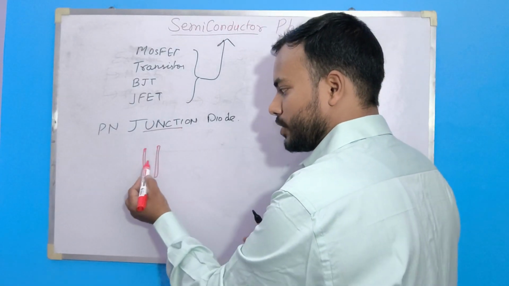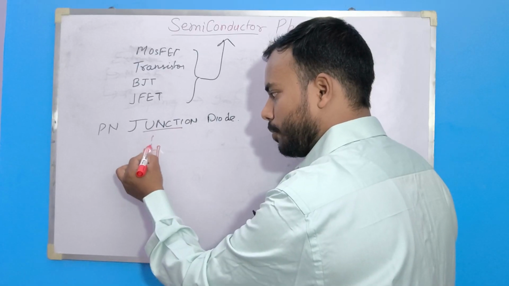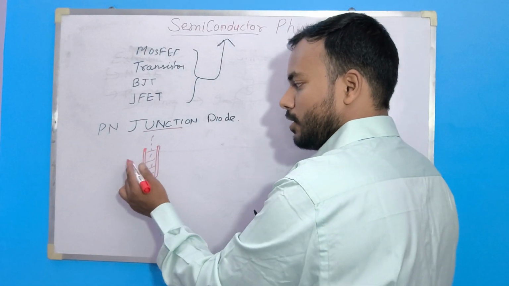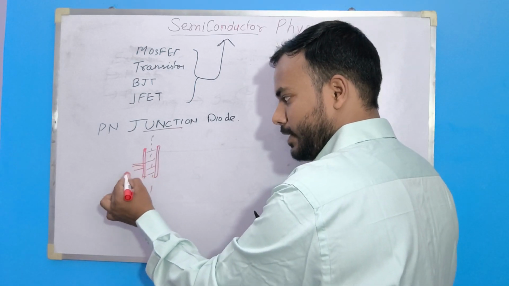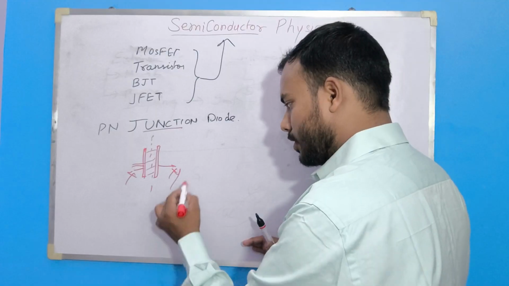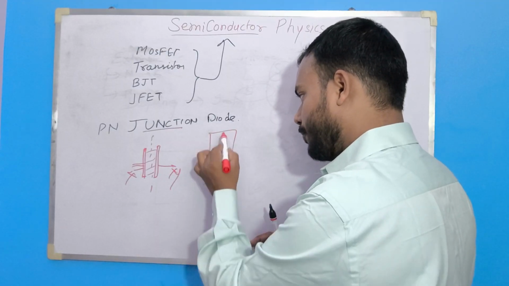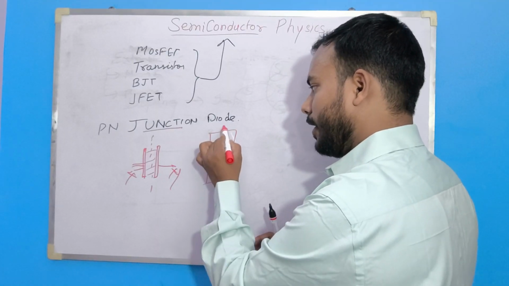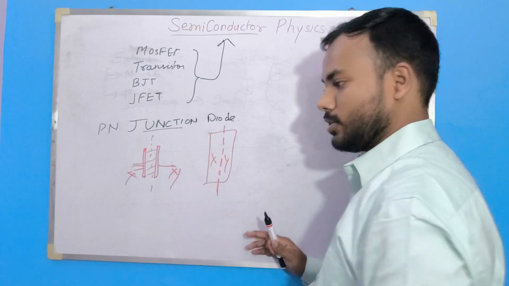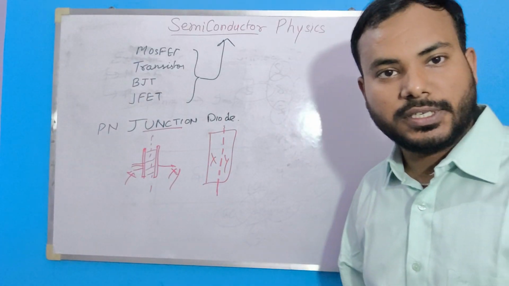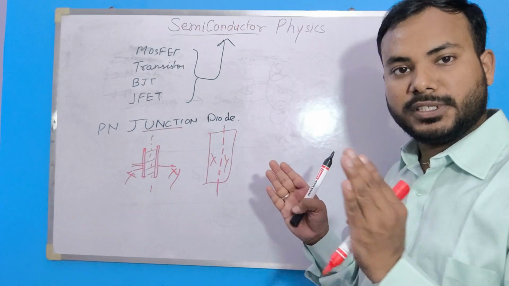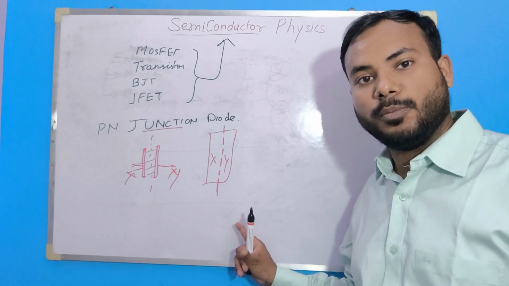But if both tracks combine, then at the combination point, this is a junction. So if one material is X and another material is Y, and both materials combine together, this point is known as the junction.